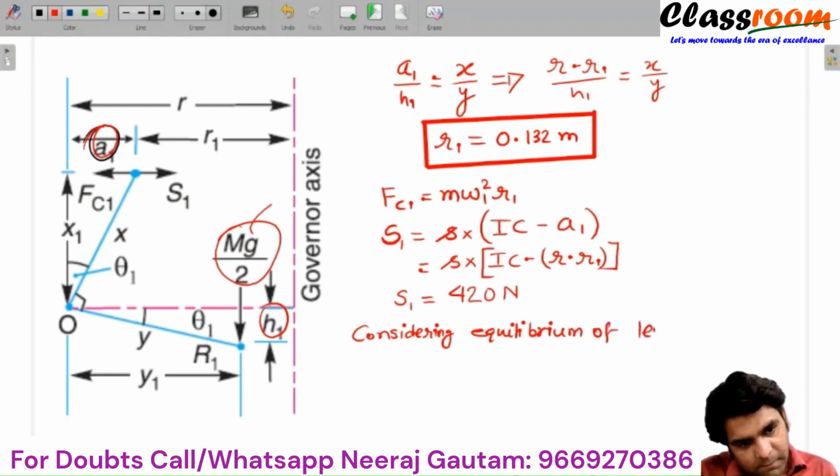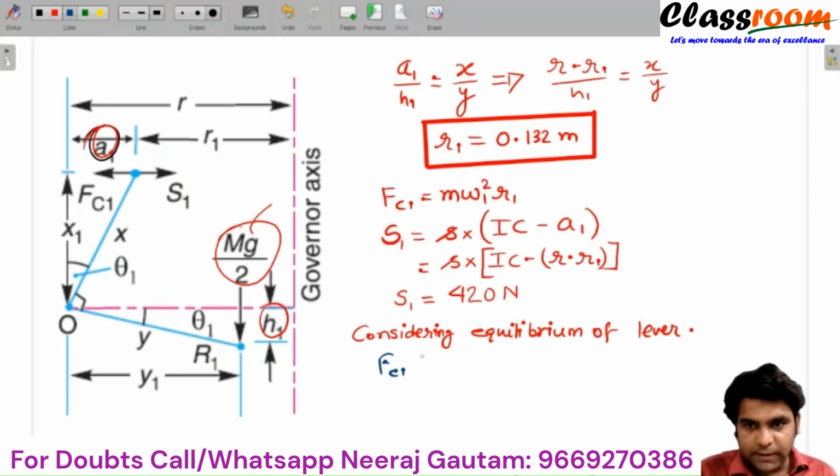Considering equilibrium of the lever, we can write here that Fc1 into x, approximately equal to x, equals S1 into x plus mg by 2 into y.